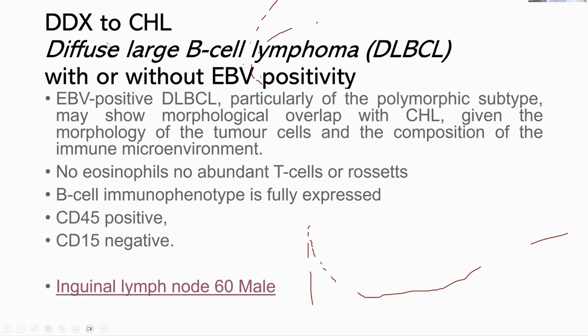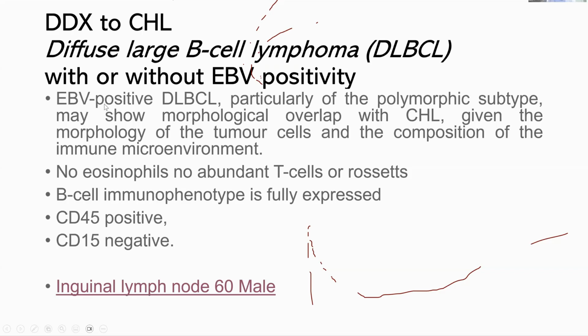All right. The other differential diagnosis for classic Hodgkin lymphoma, technically a common entity, is diffuse large B-cell lymphoma with or without EBV positivity. Particularly, if the diffuse large B-cell lymphoma has a pleomorphic or anaplastic variant, with lots of large cells, they will resemble RS cells.